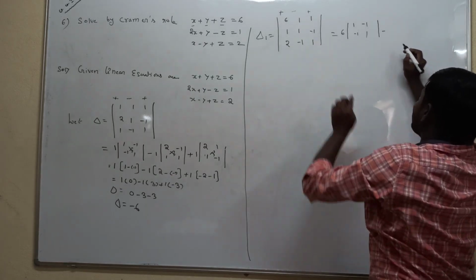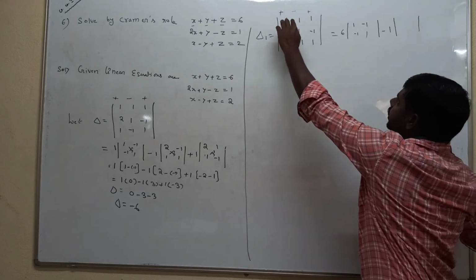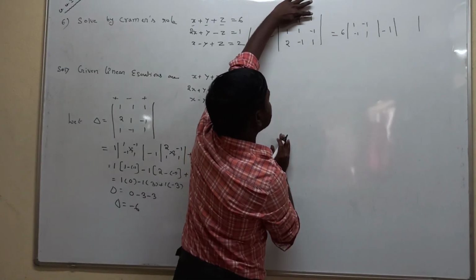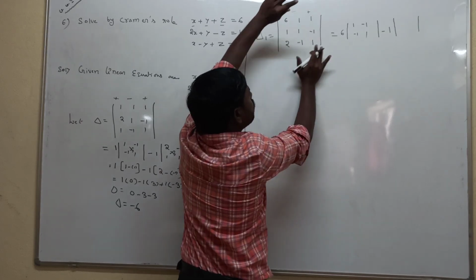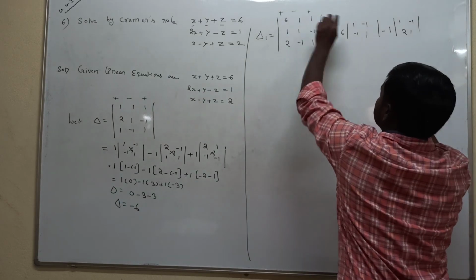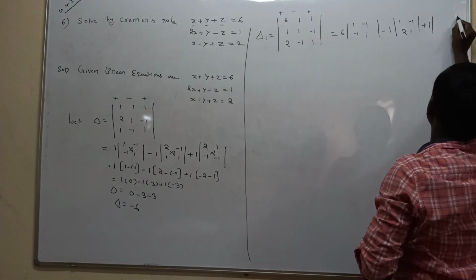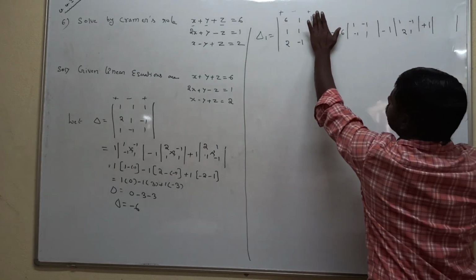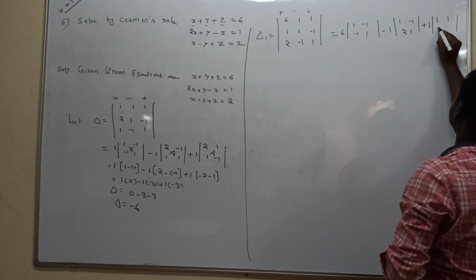The element is 1, determinant of, here 1 present in the first row and second column eliminated. Left of the element is 1 minus 1 1 1. Third element symbol is plus. Third element is 1, take the determinant. So 1 present in the first row, third column is eliminated. Left of the element is 1 1 2 minus 1.